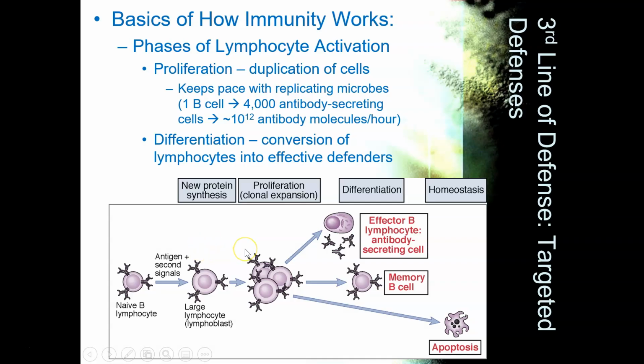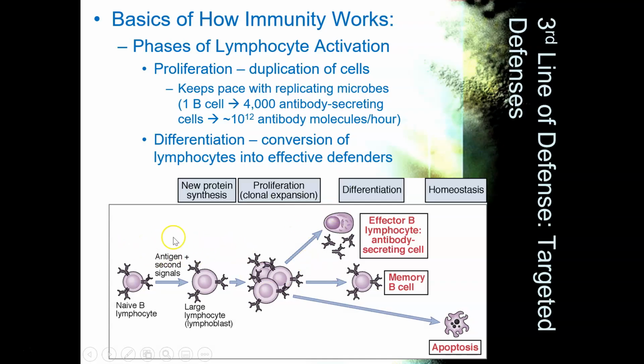And although that phase is relatively quick, one B cell can become 4,000 antibody secreting cells, which equates to about 10 to the 12th antibodies produced per hour, but that's only once I've gotten past this point.